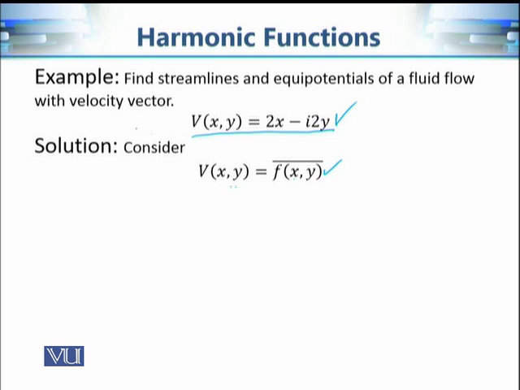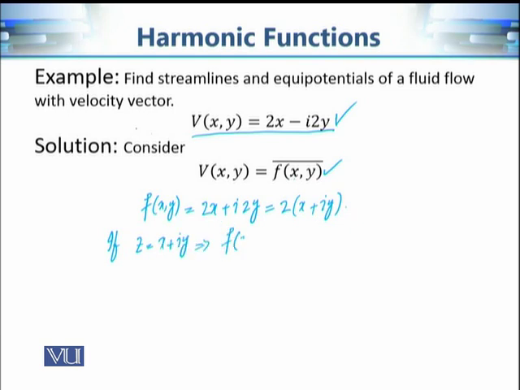Now let's see what f of xy is in this case. f of xy is basically the conjugate, in other words 2x plus iota 2y. This is equal to 2 times x plus iota y, and if z is equal to x plus iota y, then this function is f of z is equal to 2z.